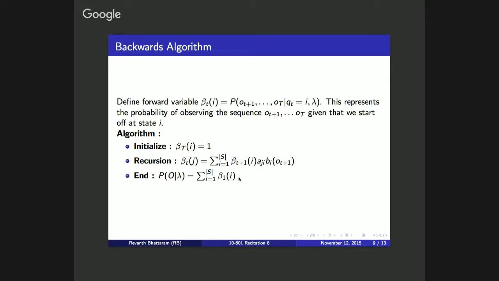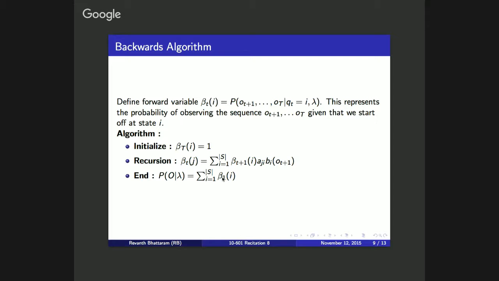Probability that I initially start off at state I, and then... Right? So let's see, what is beta 1 of I? Beta 1 of I is going to be what? I start off at this state and I observe the right observation sequence. Would this be beta 0 maybe?